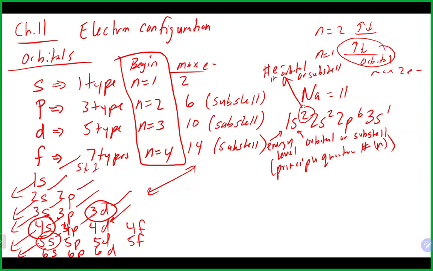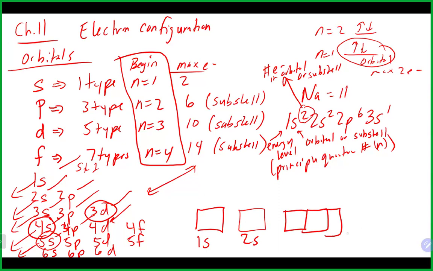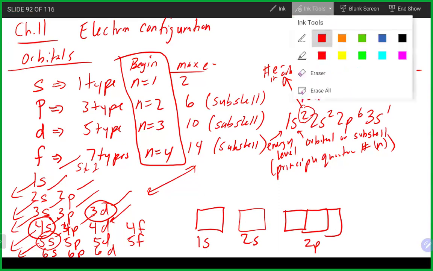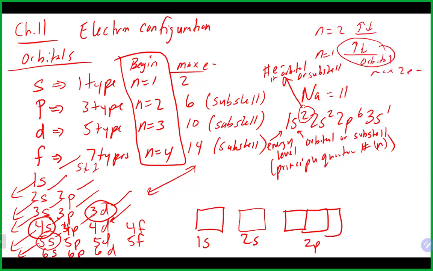We also talked about drawing orbital diagrams where you could use boxes or lines to represent the different orbitals. If you're drawing this correctly based on energy, you should be going upwards. Again, I'm just going sideways to prevent running out of room here. There's some really badly drawn boxes there, I suppose. Let's fix that up a little bit there.